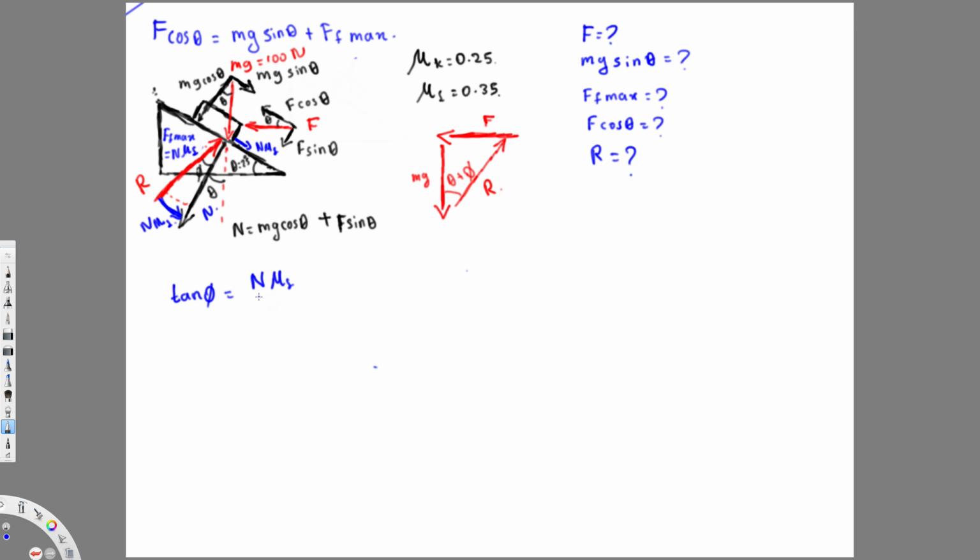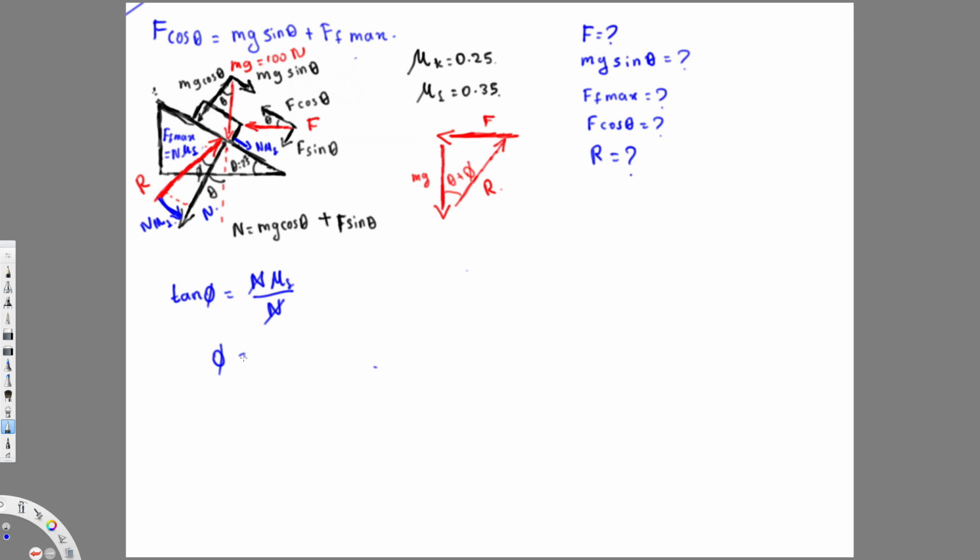So it's going to be N mu s over, this is the normal force acting on this object, so let's say that's going to be N. That's my adjacent. So if we take this, we can cancel N and N. We have mu s already. So we can calculate this phi.